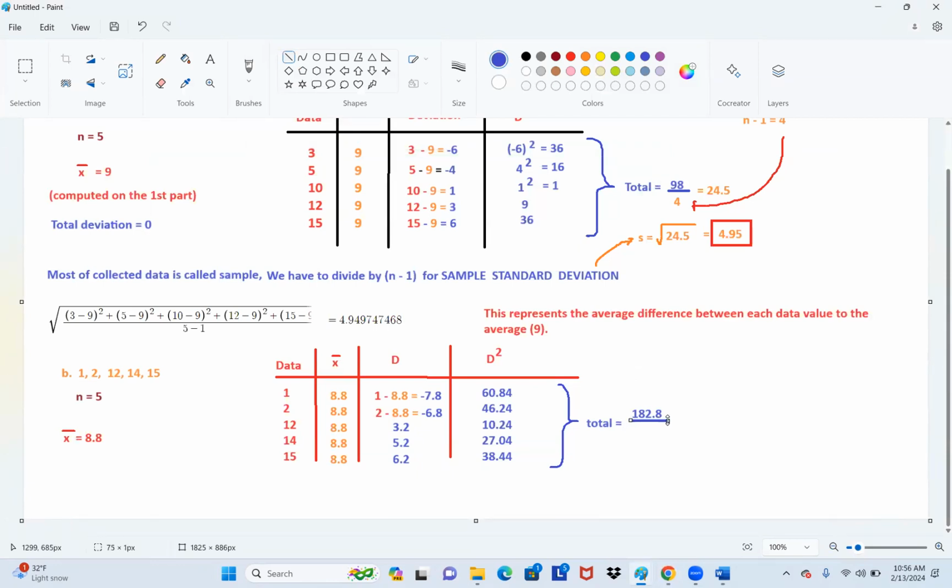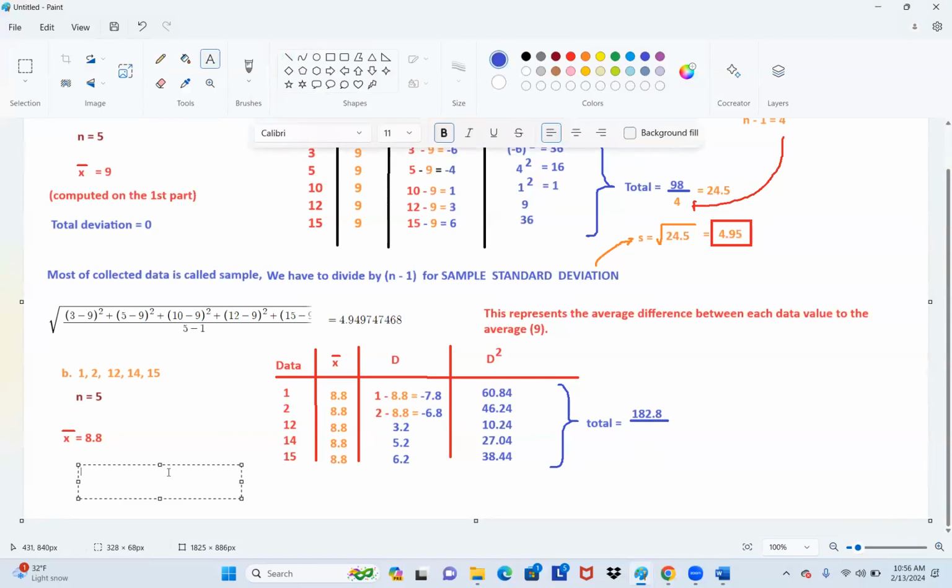So afterward, we just divide it by n minus 1. So now we have 5 data points, correct? So n minus 1 is 5 minus 1, which is 4. Just divide it by 4.